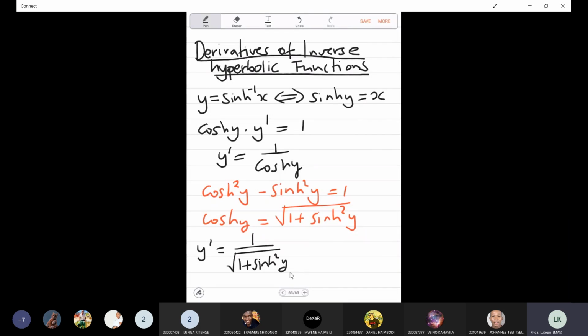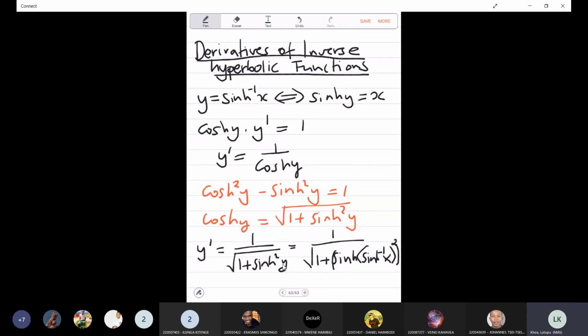But we want our derivative to be in terms of x and not in terms of y. So we replace this y with what it was defined as in the question originally. So this is 1 over the square root of 1 plus the sine hyperbolic of sine hyperbolic inverse of x, all squared.